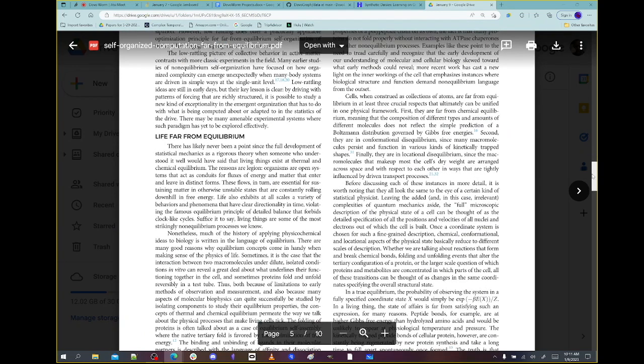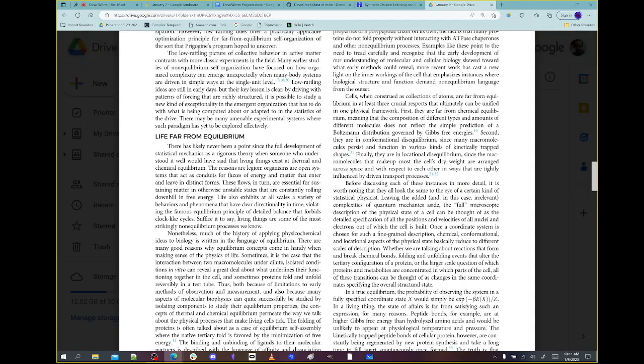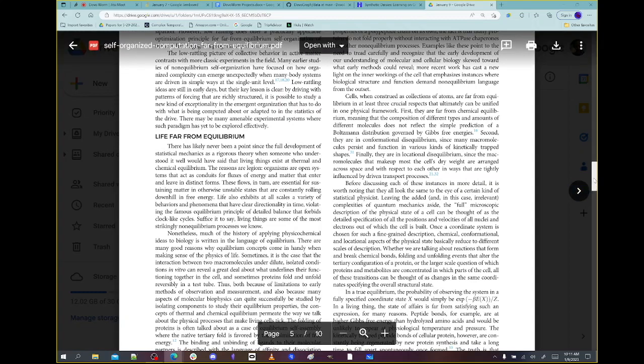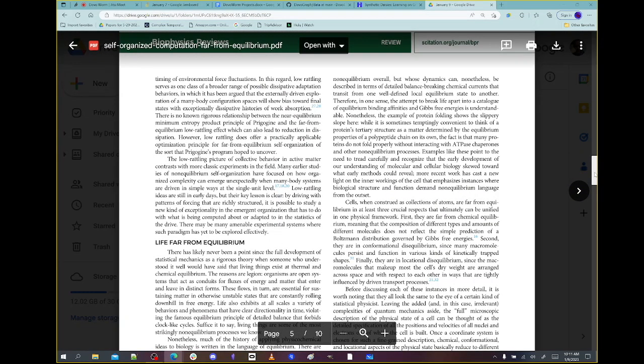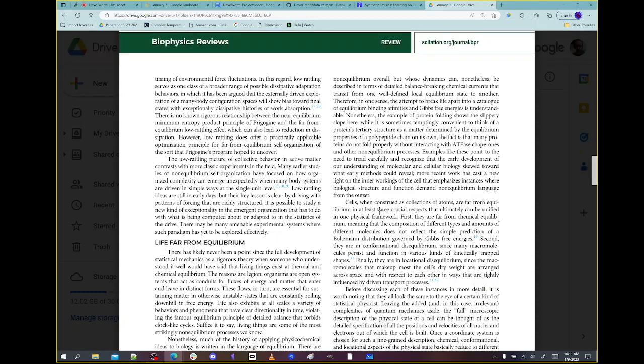And then he's talking about life far from equilibrium, which is where you're applying this to biology and statistical mechanics. So now you have living systems that can be organized using this low rattling principle, this low rattling measure, and you can characterize it. He talks about cells being far from equilibrium in at least 3 crucial respects.